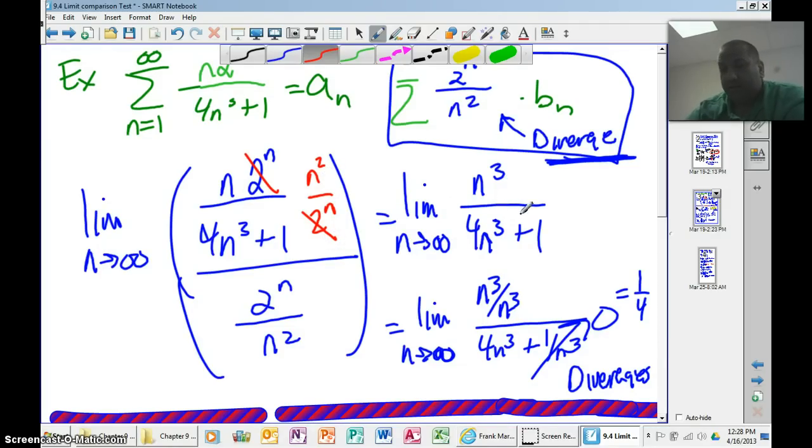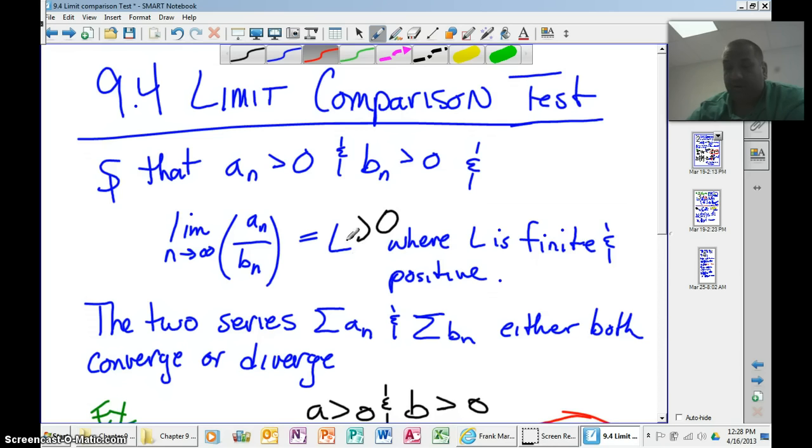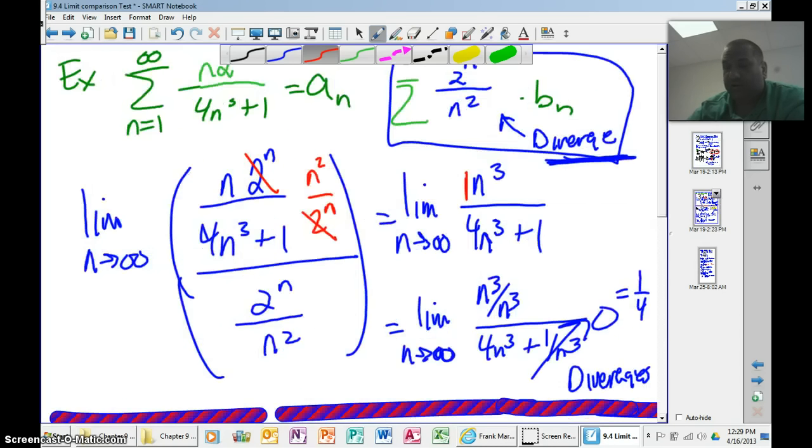Now I do my limit, and I get n cubed. Remember, it's the coefficients of the power, so it's 1/4. This equals 1/4, so it diverges. Remember, anything greater than 0 here diverges.